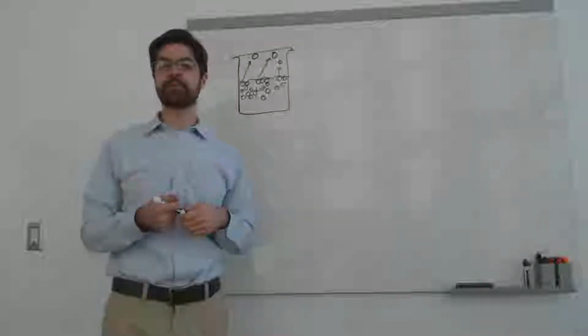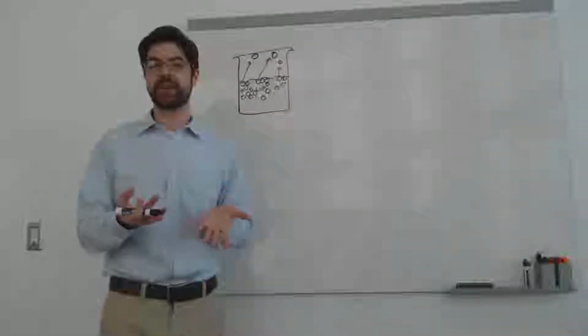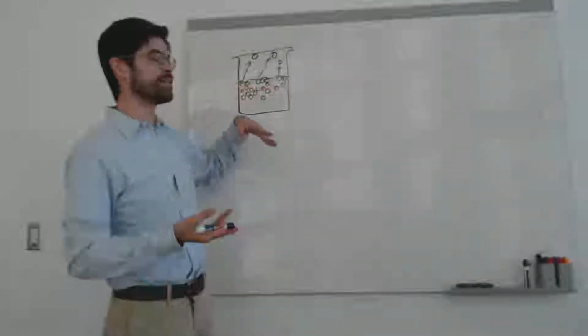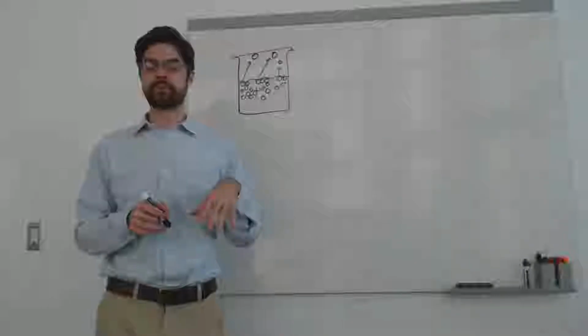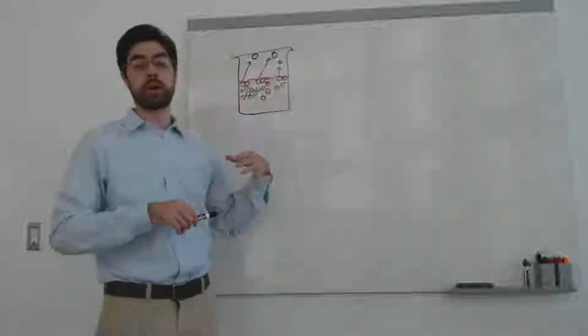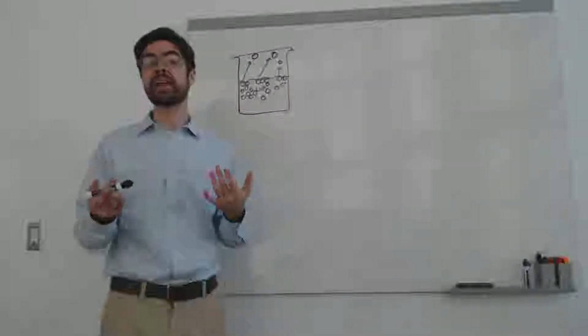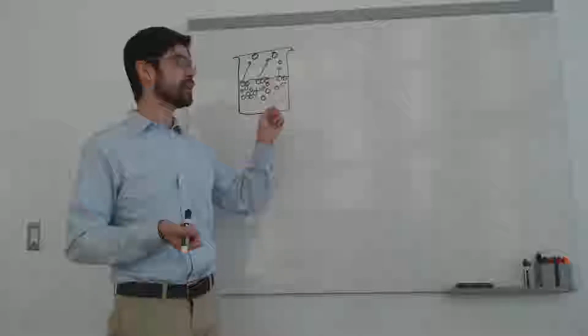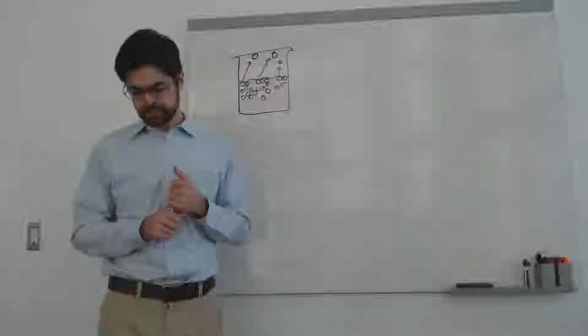So I prefer that interpretation, just that the solute particles are there taking up space, restricting the motions of the solvent particles, because it doesn't matter what these solute particles are. They could be anything and they'd still be taking up the same fraction of space on average.